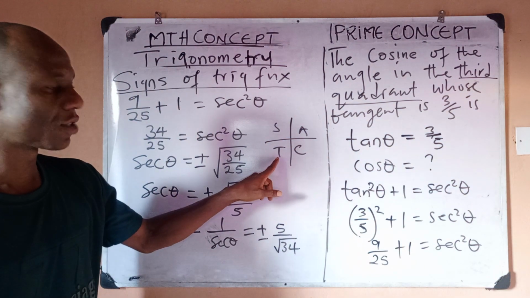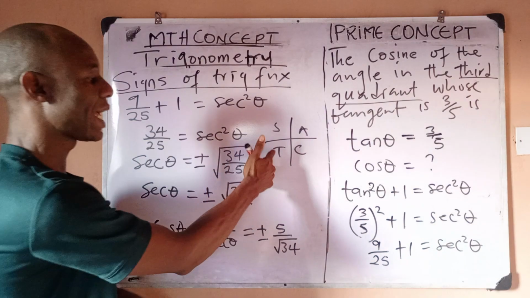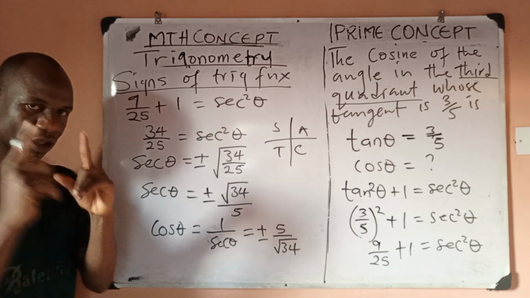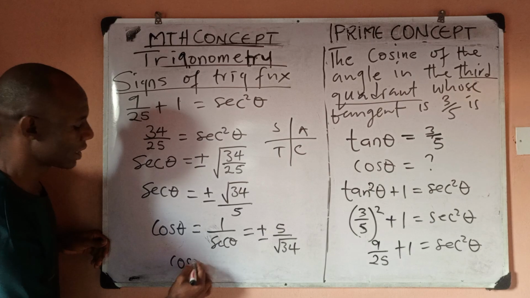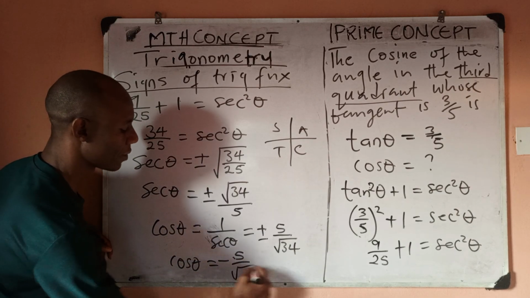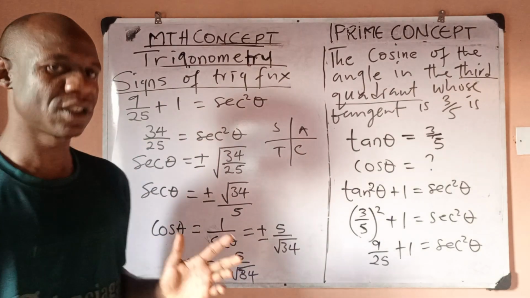And in our third quadrant, only tan is positive. It means that cosine in our third quadrant is negative. So which of these answers am I going to pick? You are very correct. I'll pick the negative. So it means that finally, cos theta in the third quadrant is minus 5 over root 34. So this is my answer, not the positive.